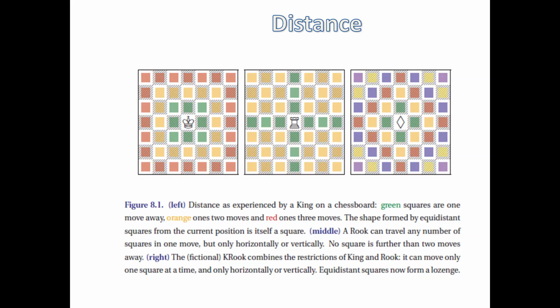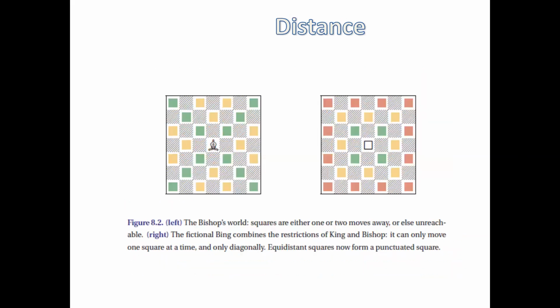All I mean to say is that the distance perception depends on what kind of restrictions you have. Similarly, a white bishop will never be able to go to the black boxes. So for the bishop, there will be many places on the chessboard which are not accessible at all. Similar kinds of problems come up when we perceive distance.